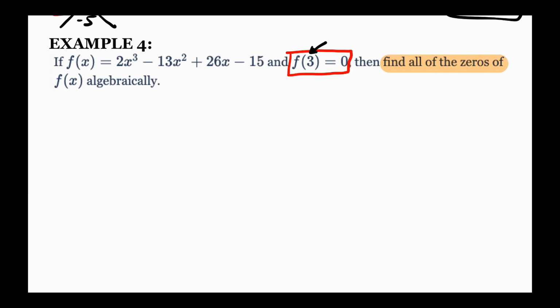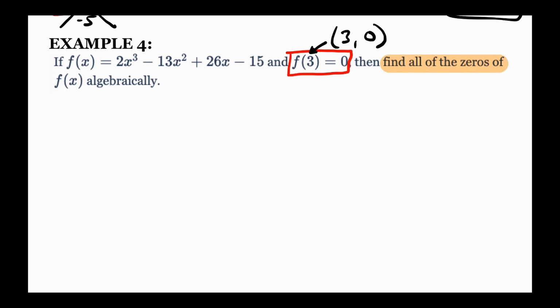Isn't that an x-intercept? If I plug in 3 for x, and the answer is 0, if I were to graph that point right there, would that be on the x-axis? So it's an x-intercept, right? So what is the x-intercept? 3.